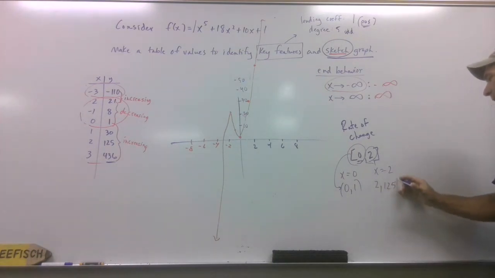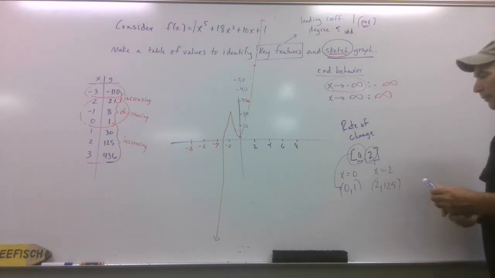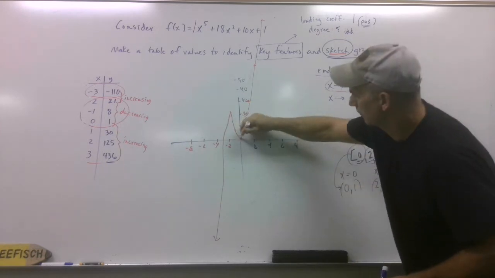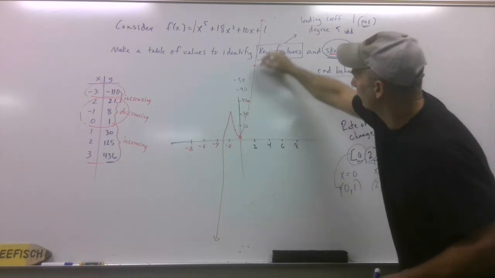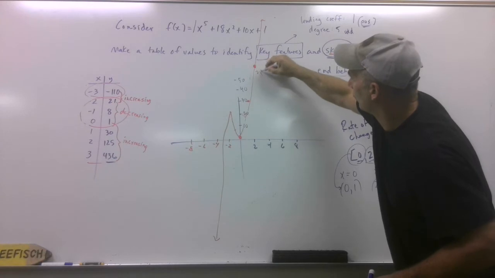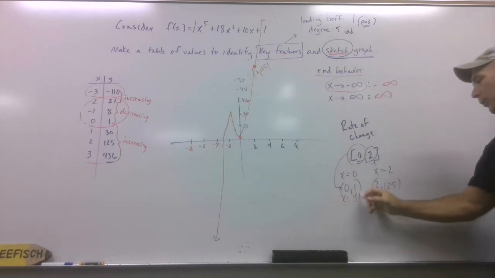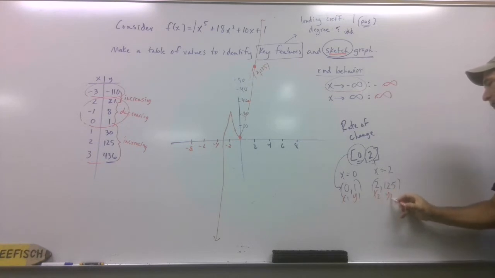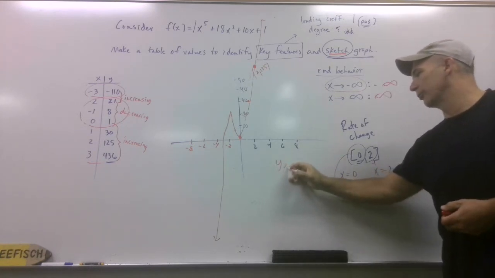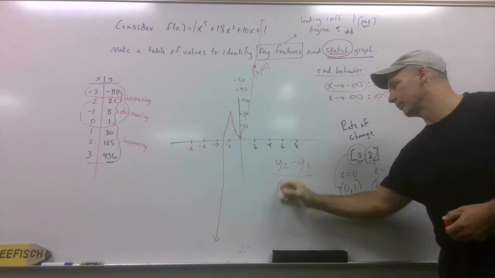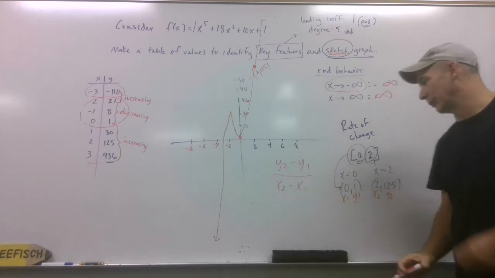That's a fancy way of just saying from this point to this point to 125, find the slope. Here's my x1, y1. Here's my x2, y2. If I plug it into the good old slope formula, I should get her done.